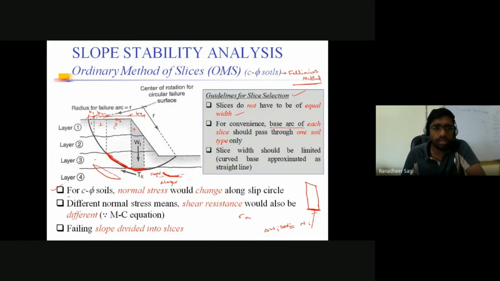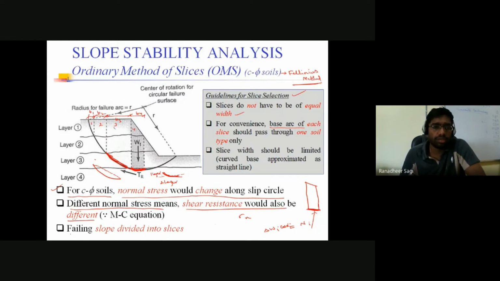Understand, in the case of C-phi soils, the normal stress would change along the slip surface. Already I have talked about it. Different normal stresses mean the shear resistance we calculate is also different.